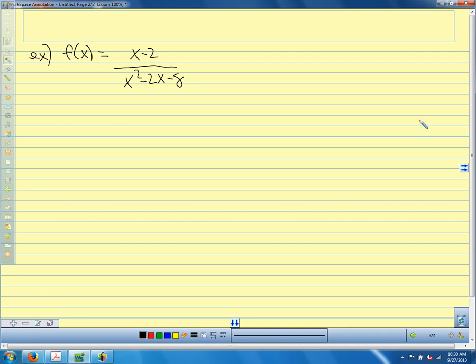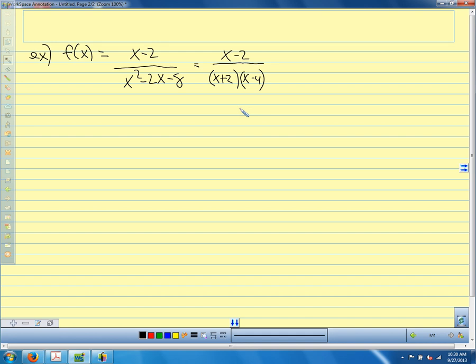Factor. We want to factor everything if we can. So can I factor that denominator? How do we factor this? x plus 2, x minus 4. So now I factor the denominator.